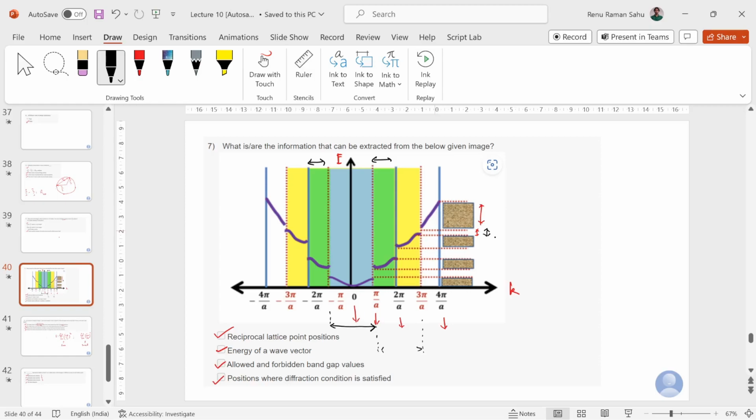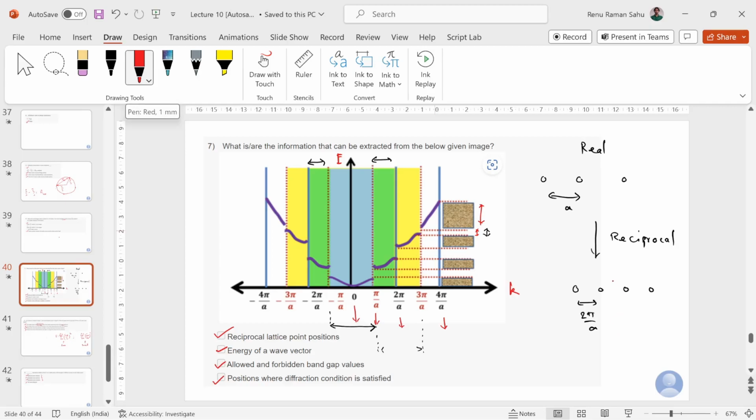For example, if you have this as your real lattice, with this periodicity, what would be the reciprocal space of this? In reciprocal space, you will have again a linear crystal but with gap 2 pi by a. Now you draw a Wigner-Seitz cell around this.